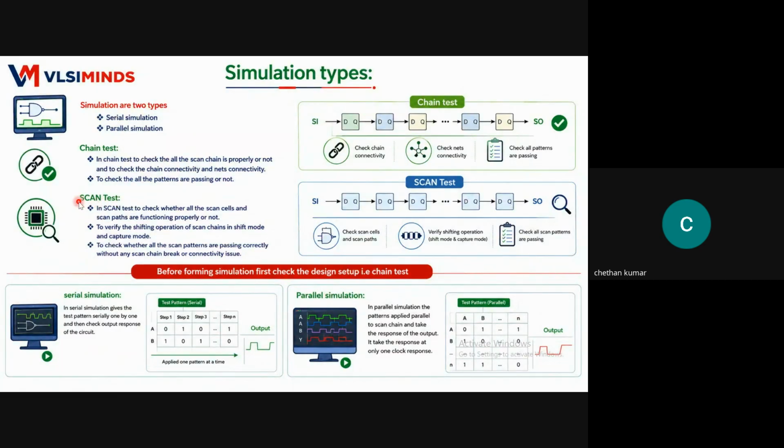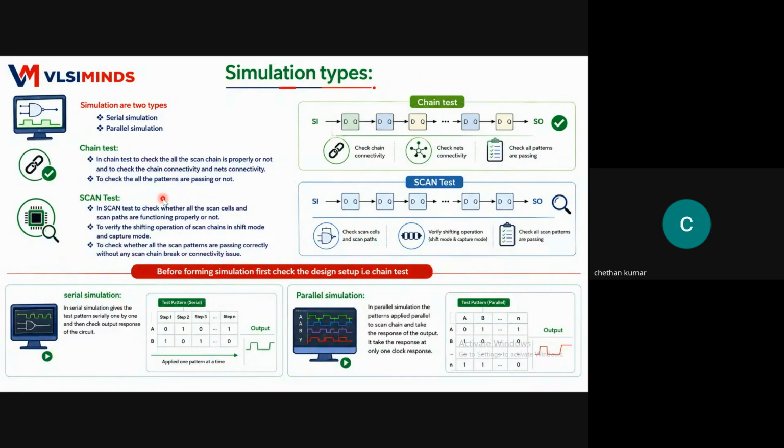Scan test is nothing but, in the capture cycle, we take the data from the combinational logic. During the shift, we test at the low frequency, so the shifting operations happen just like shift registers. And during SE equal to 0, we supply a high frequency signal.